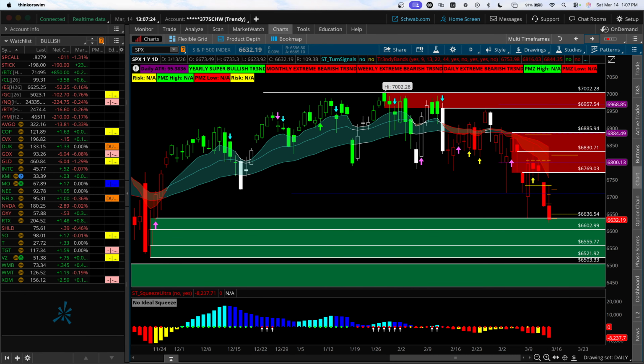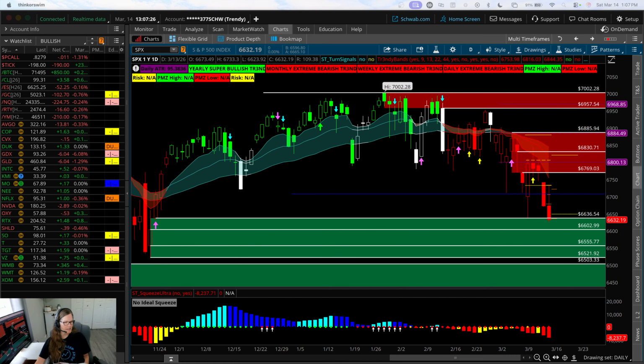The if this would be, I just realized I wasn't sharing my camera, so let me share that real quick with you. The if statement would be this: if SPX pulls back to 6,600, this next area of support in the demand zone, then I want to go to my weekly watch list that we're going to create together today and see if those names are in their demand zone as well.